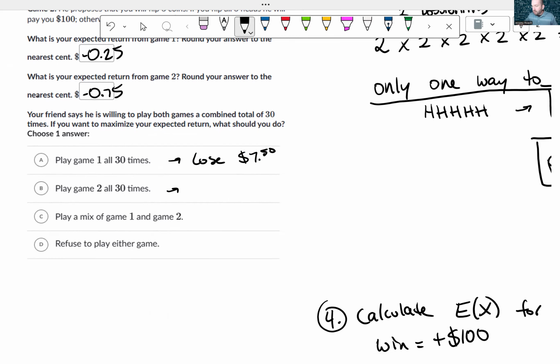You're going to lose money doing that. If you played game two 30 times, that's 75 cents times 30 times. That means that you would also lose, you would lose $22.50. If you played a mix of those games, well, the mix doesn't really explain what that mix is, but it looks like either way we're going to lose. So to maximize our expected return, I would say answer choice D, refuse to play either game.